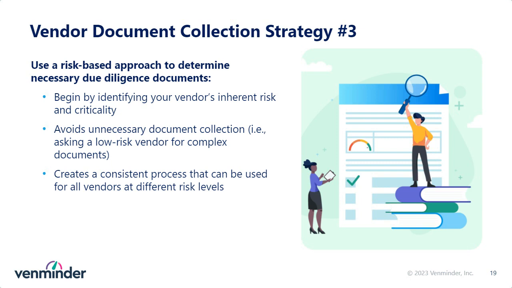This also gives you a more consistent process of knowing which documents to collect from any type of vendor. In other words, you would have a standard list of documents to collect from every low-risk vendor, whether they provide landscaping services or office supplies. These next 3 slides will outline some examples of what you should consider collecting from low, moderate, and high-risk vendors.